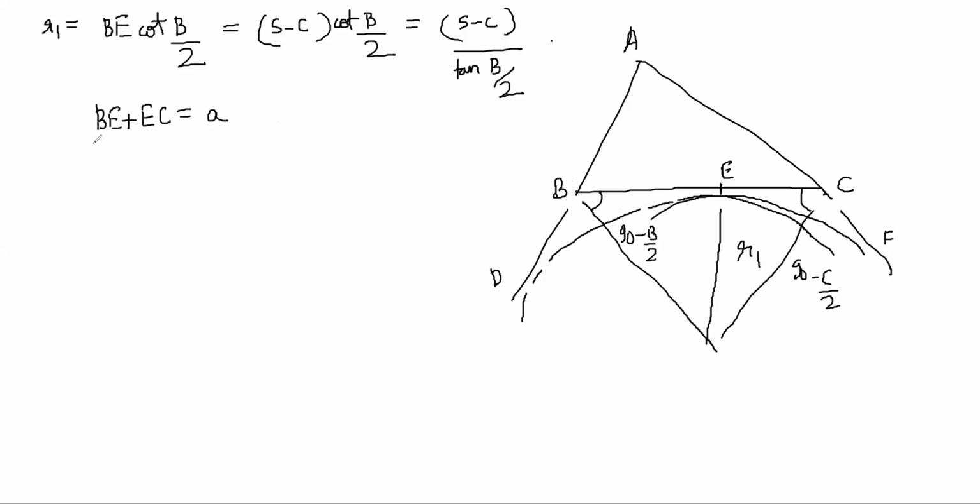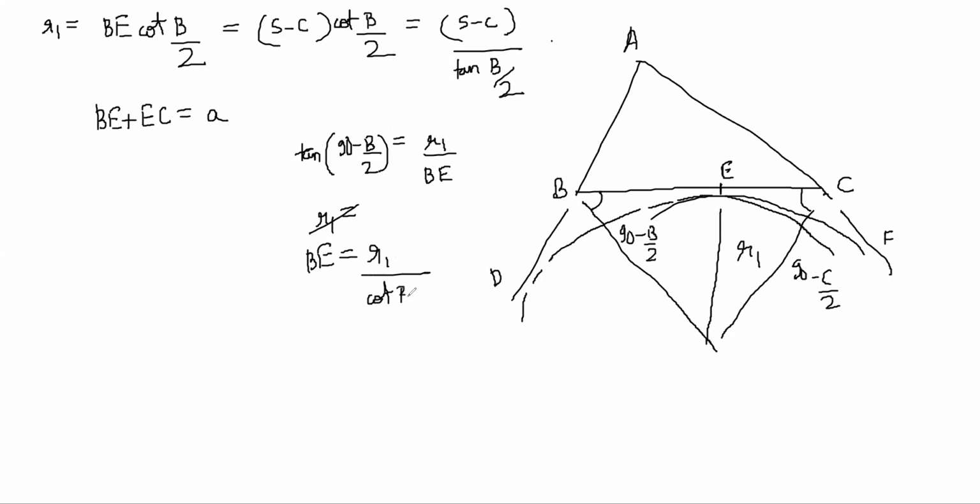So then BE, what can we write? We can write tan 90 minus B by 2 is equal to R1 by BE. So BE is equal to R1 by tan 90 minus B by 2. So cot B by 2.